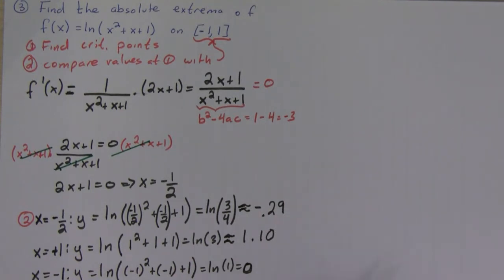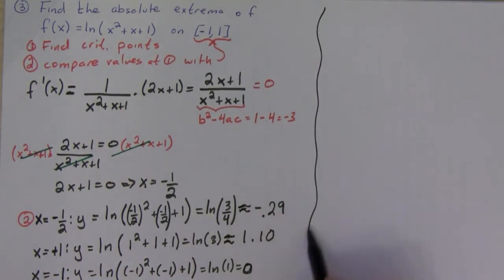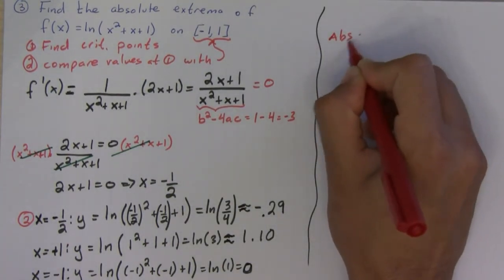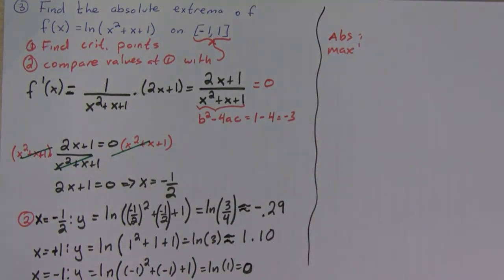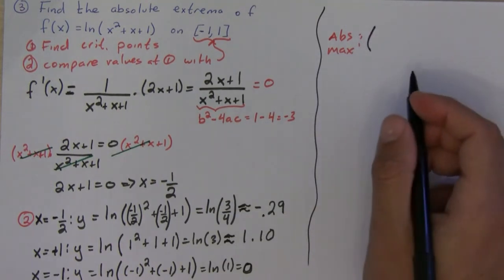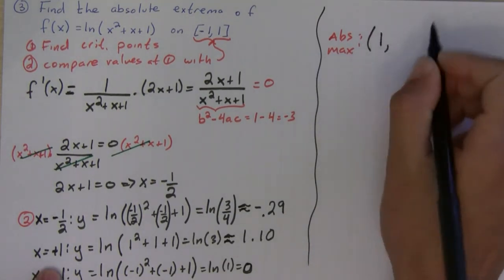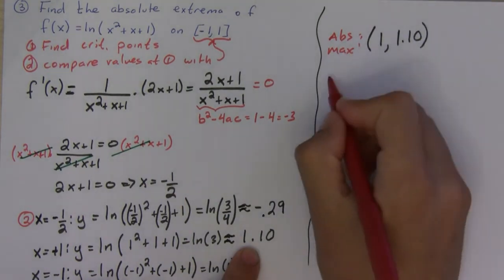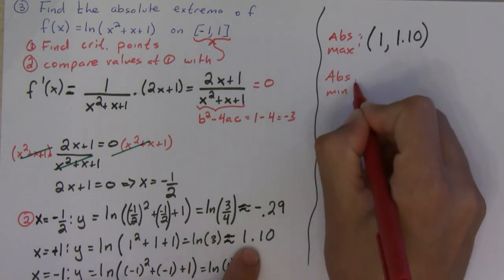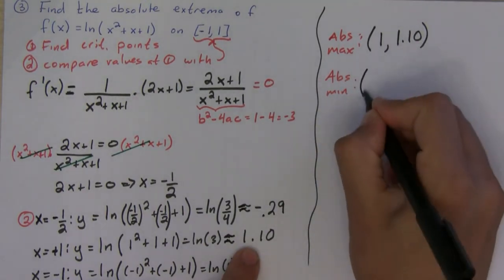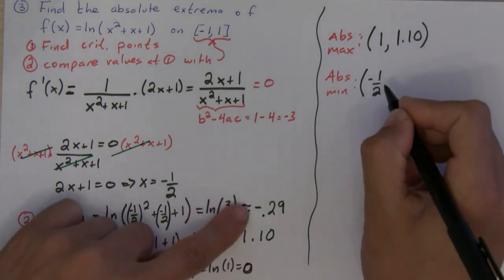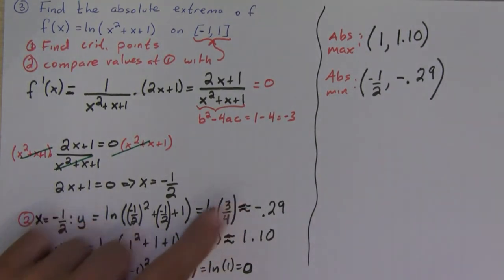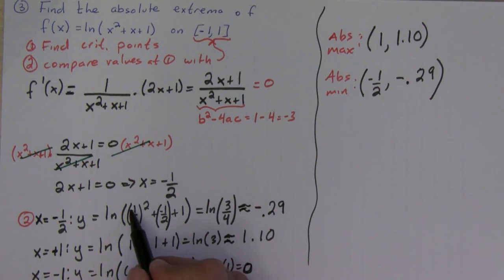So if we compare all three of these, we would say that the absolute maximum occurs when x is equal to positive 1 and y is equal to 1.10, and the absolute minimum occurs when x is equal to negative 1/2 and y is equal to negative 0.29. And that's it. And sorry for the little sign mistakes over here.